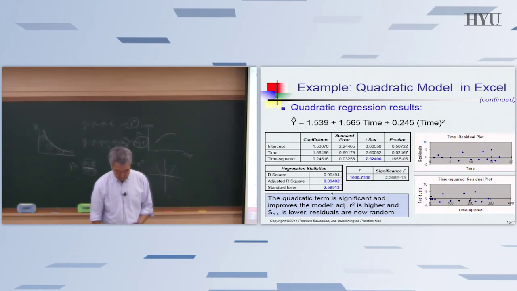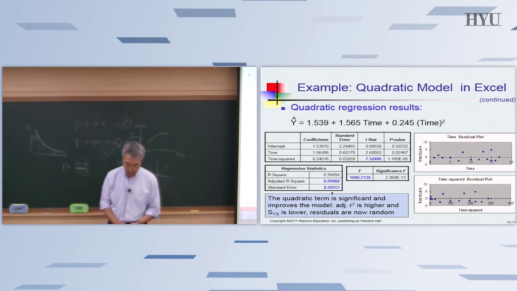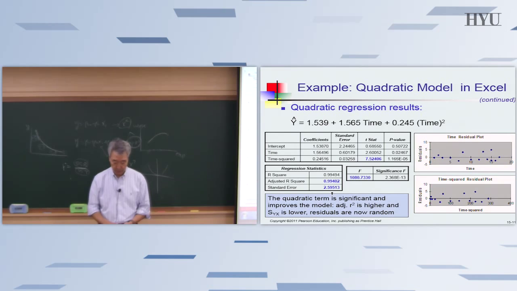Okay, so this is a pretty hypothetical example, and in this case, it's a clear indication that the second order term is significant. You should fit a quadratic model rather than a straight linear model, okay?